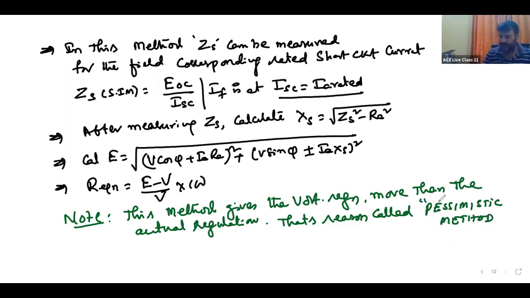Pessimistic method means what? Bad method. Regulation is more means good or bad? Bad. It is a bad method.